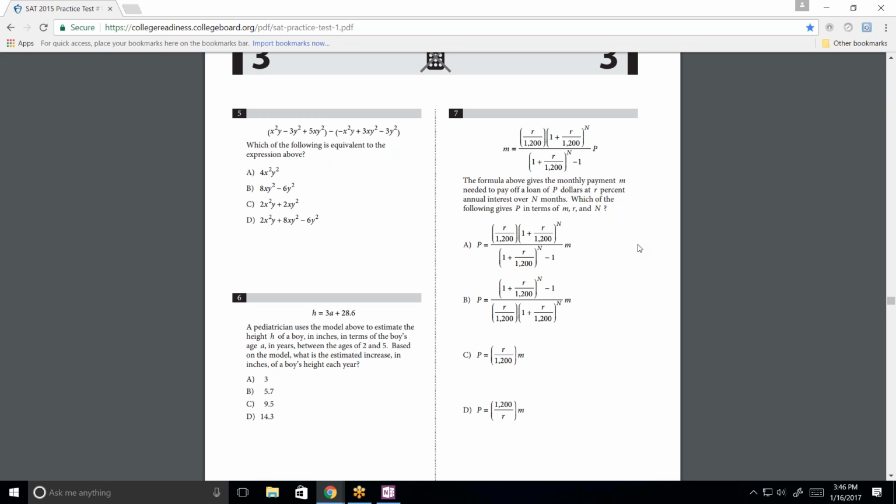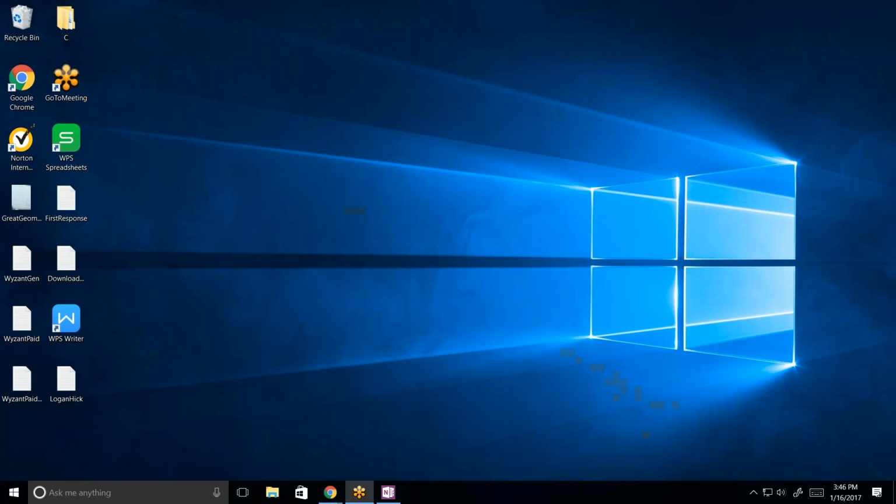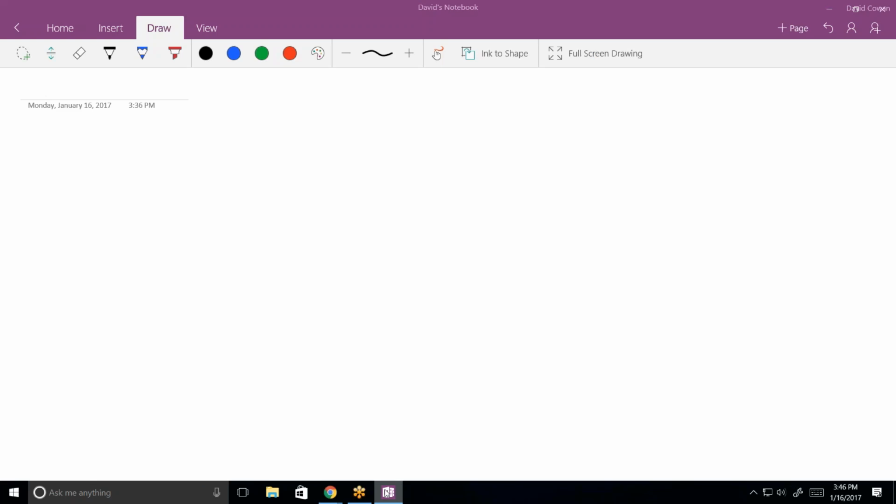And look at all of the information they give you in that paragraph. Who cares what P means, R means, N means? None of that matters. Basically, what you're doing is solving an equation that looks like this.